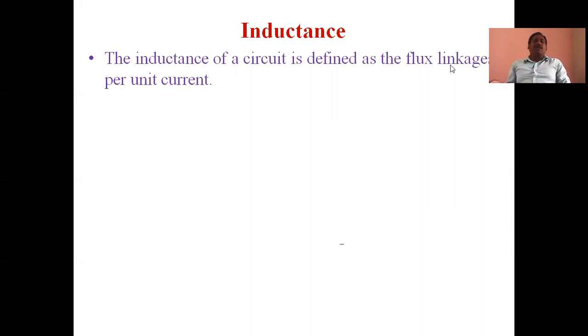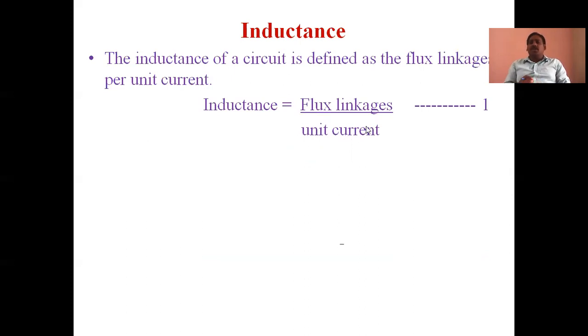Anyway, inductance is nothing but the flux linkages per unit current, where flux linkages are represented with psi, current with I, and inductance with L. This can be treated as the first equation. Then L is equal to psi by I, where psi is the flux linkages and I is the current flowing through the inductive coil. This can be treated as equation number 2.